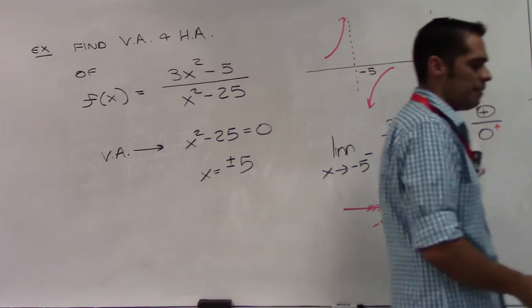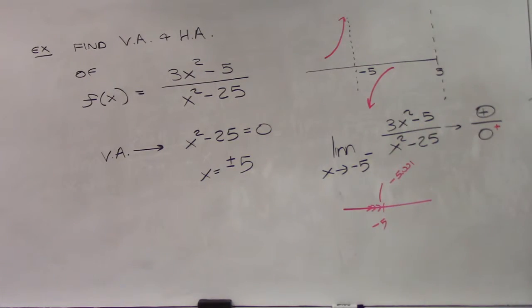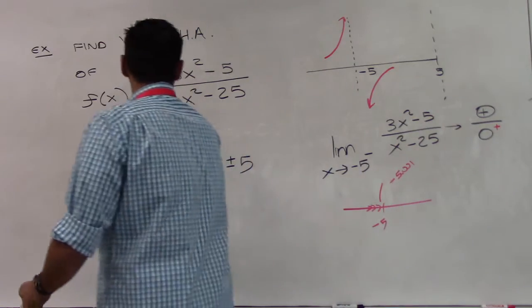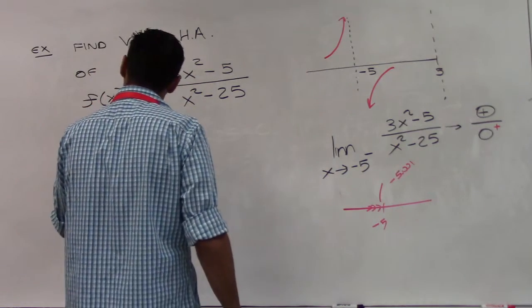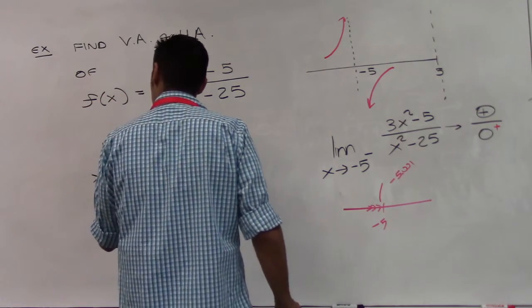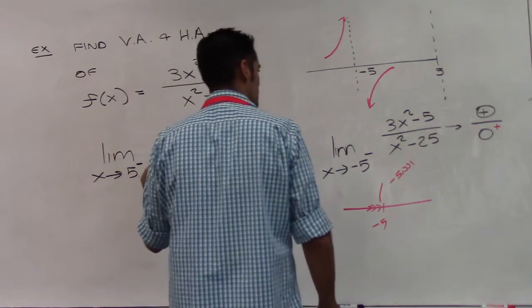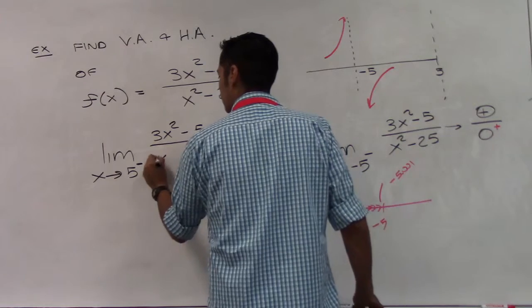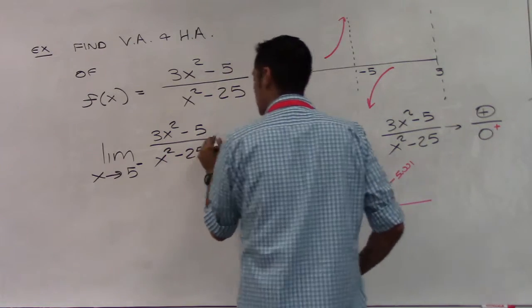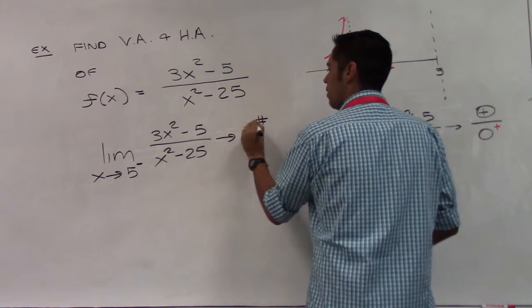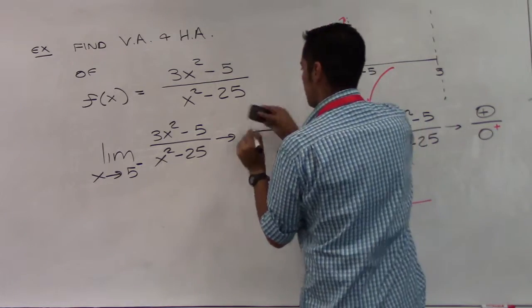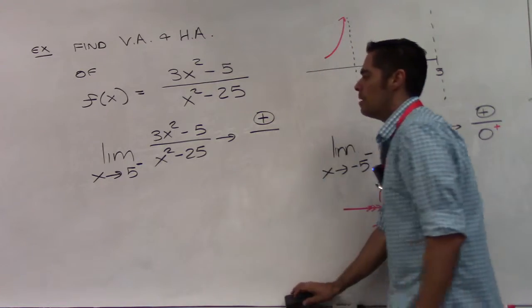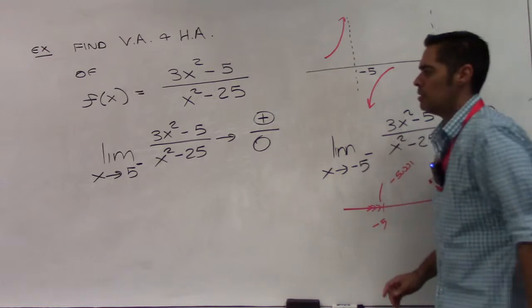What would it be if I plugged in 5? I believe it's, should I write it out? Yes. Is it opposite? Limit as x approaches 5. Let me come from the left side first. Of 3x squared minus 5 over x squared minus 25. We know the top is positive. And we know the bottom is headed towards 0.